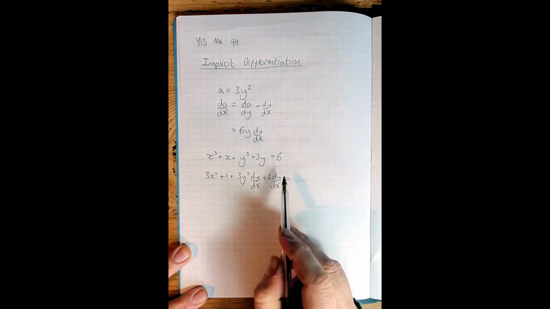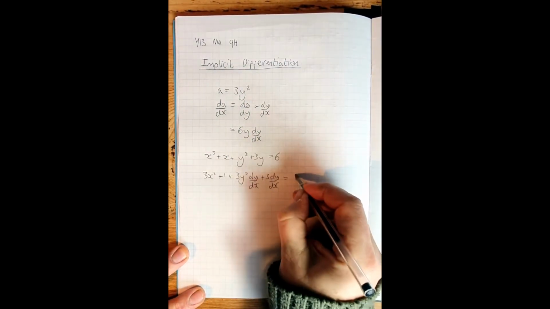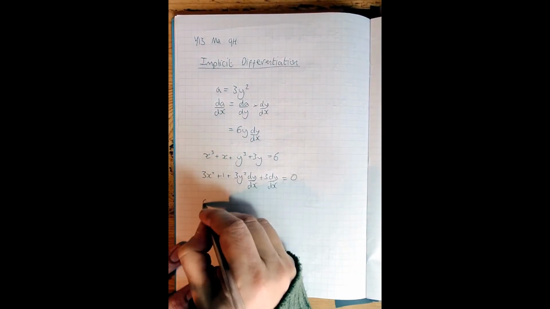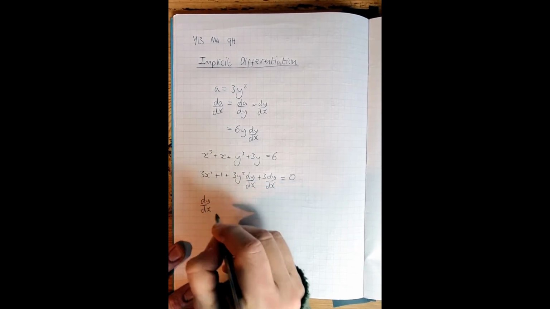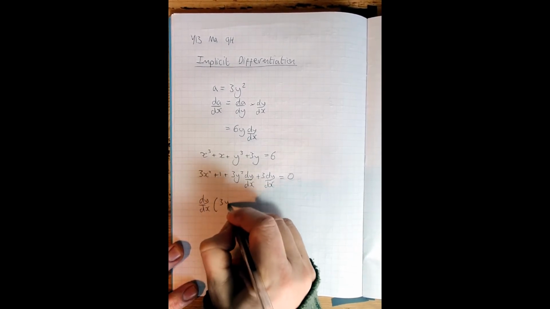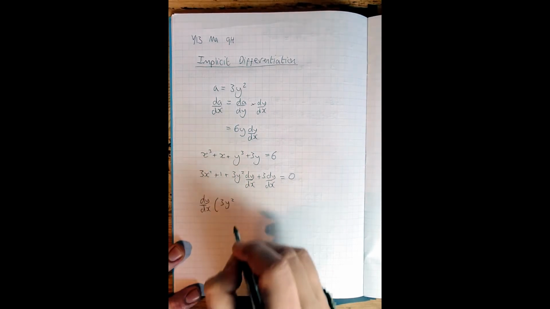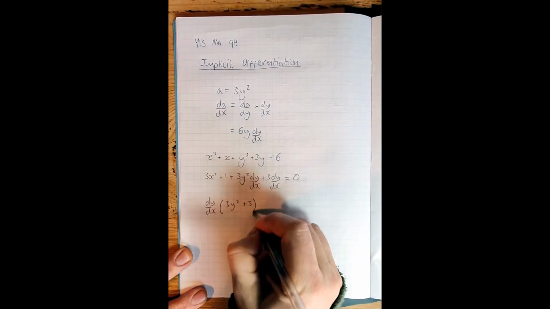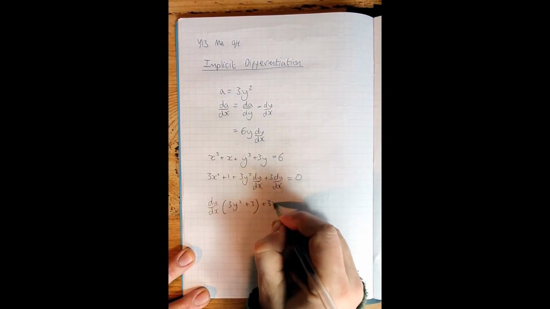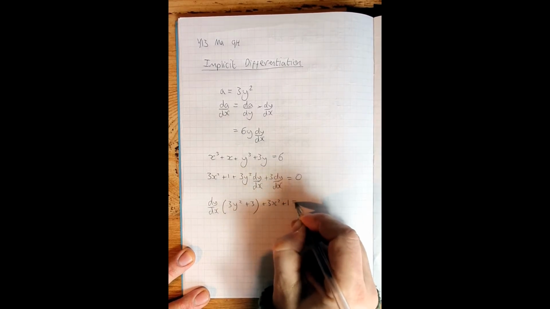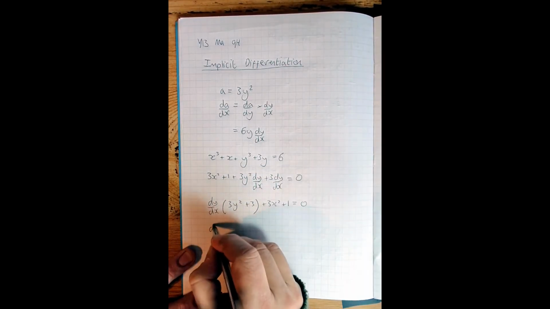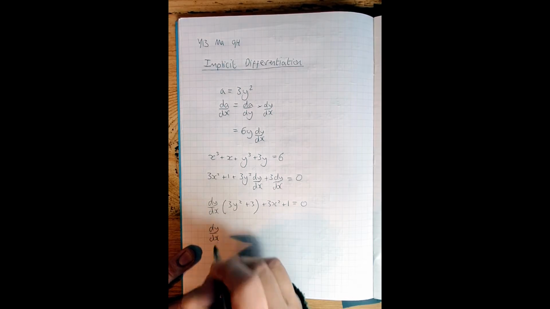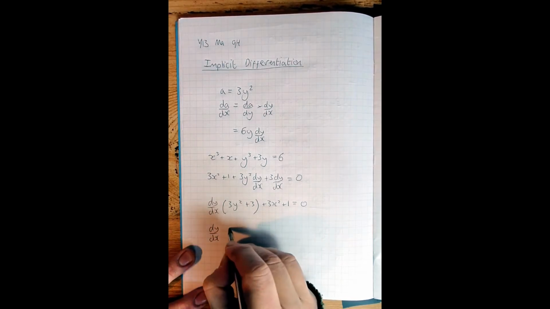And of course on the right hand side, differentiate a constant with respect to x. It goes to 0. Take out a factor of dy dx.